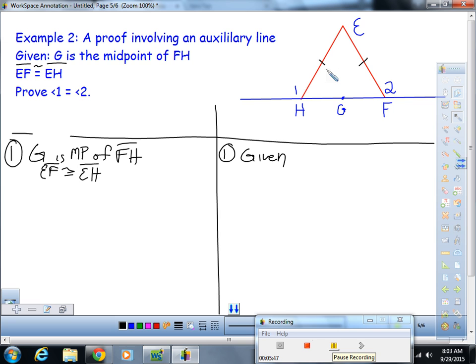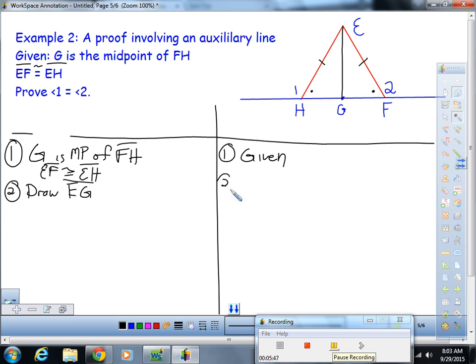All right, well, this is going to be a case where in order to prove that angle 1 is congruent to angle 2, I think we're going to need to prove these congruent first and then use some congruent supplements. And the only reason we're going to be able to prove those congruent is if we prove the triangles congruent. So let's draw EG. So I will actually say in my proof, draw EG.